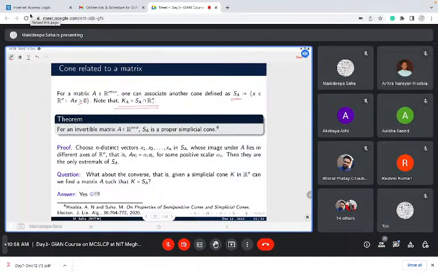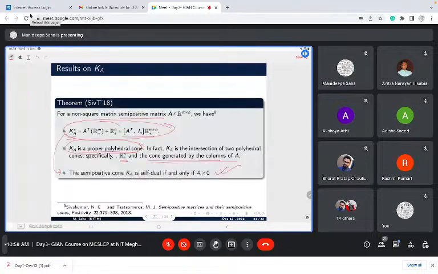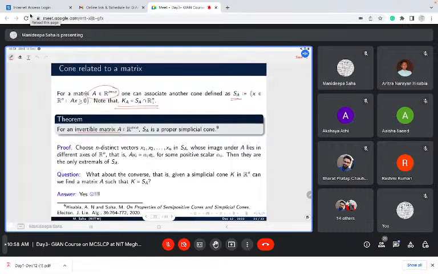In 2020 we proved a result for an invertible matrix, because this S(A) can be defined for any non-square matrix, and the result shows that K is a polyhedral cone. This motivates us to look at the properties of S(A). If it is not a semi-positive matrix, then we cannot talk about K, because it can be an empty set.